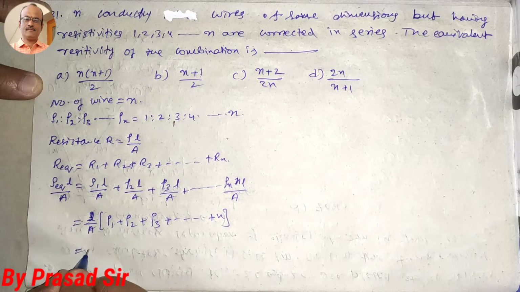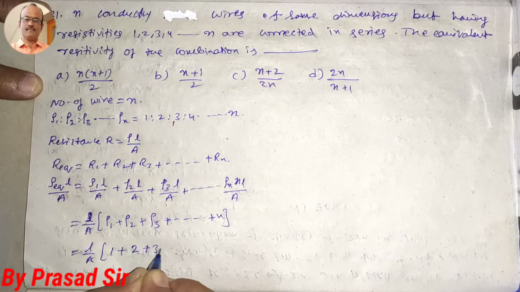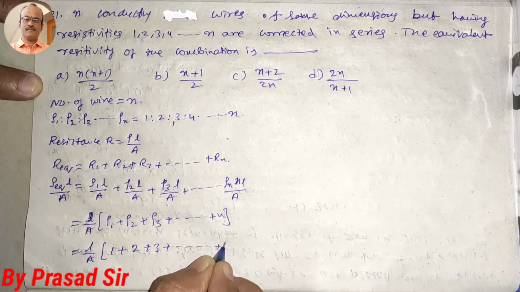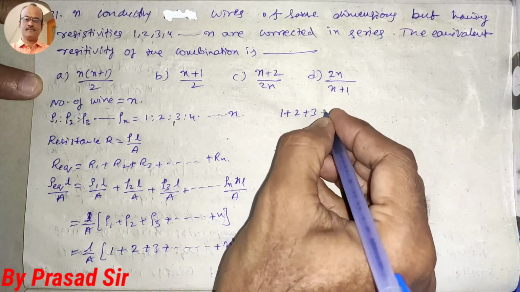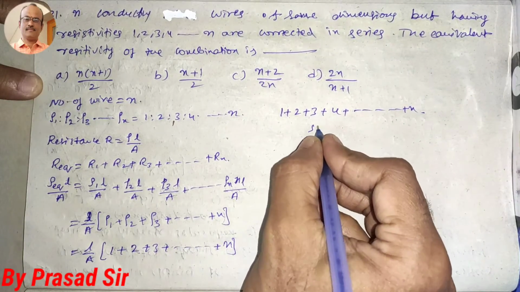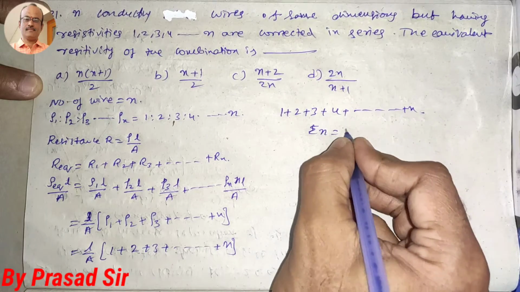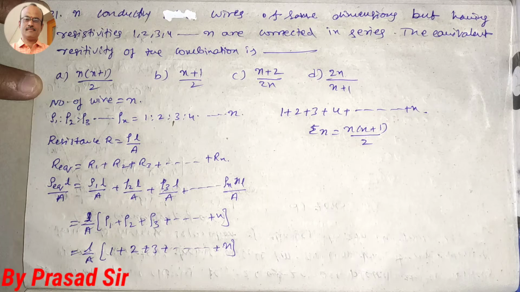So that means what happens, we know L by A. Rho 1 means 1, 2, 3 up to n. But here 1 plus 2 plus 3 plus 4 up to n, these are the sum of n terms, that is n into n plus 1 divided by 2. So then what happens here?